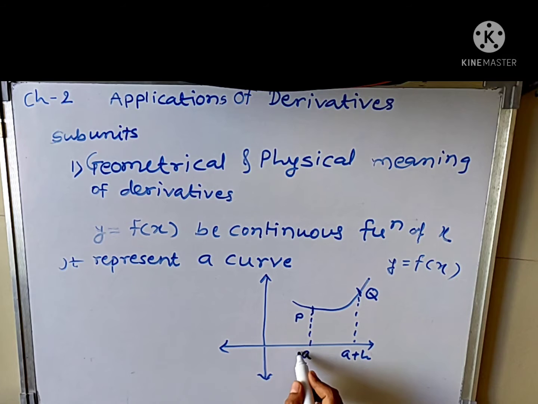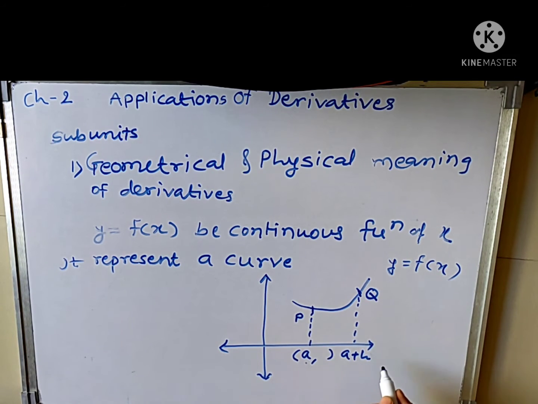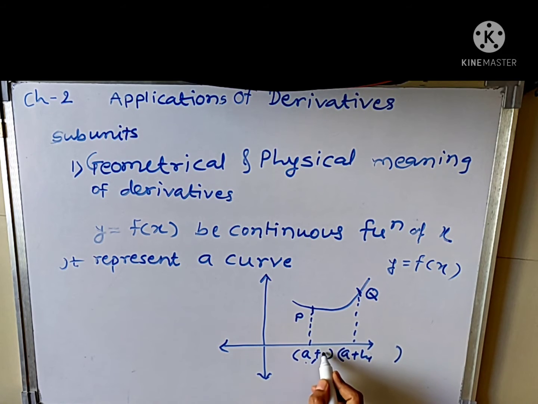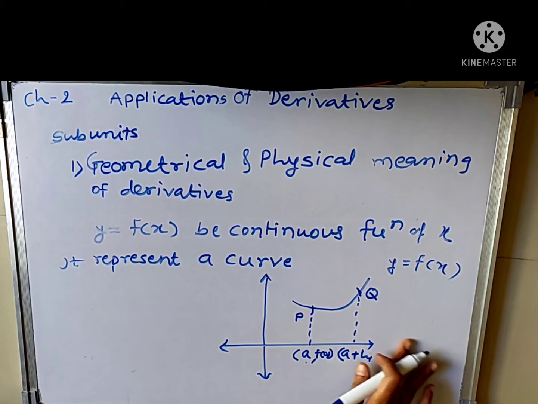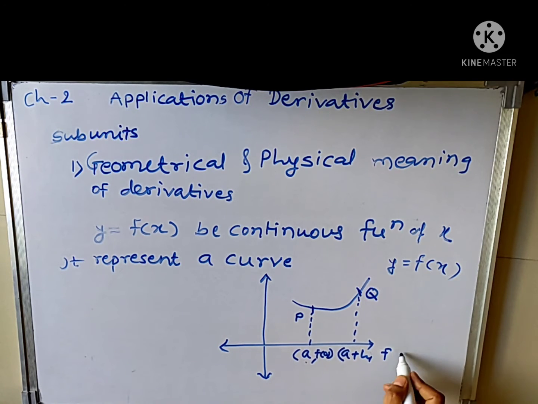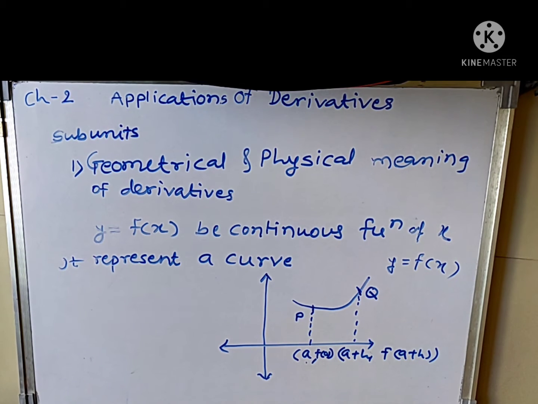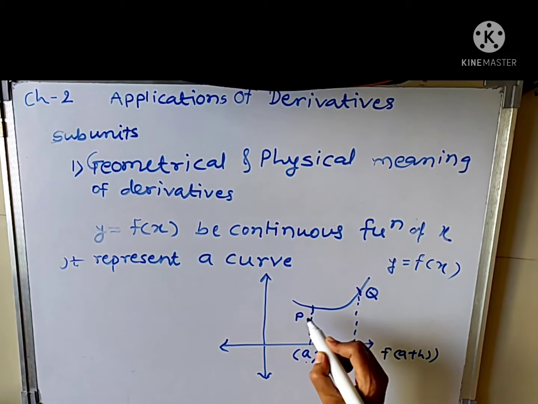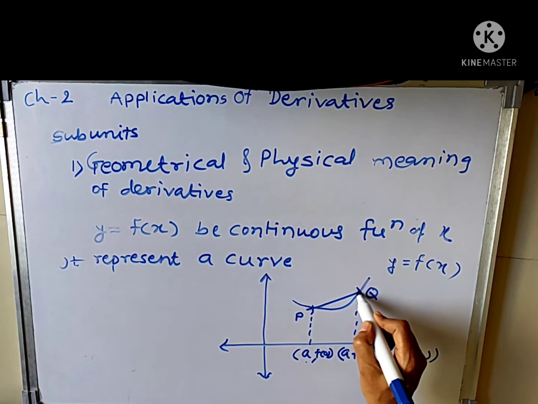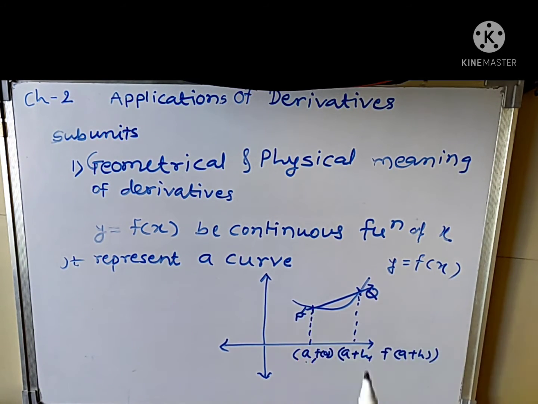Then what are the y coordinates of P and Q? The y coordinate of P is f of a and the y coordinate of Q is f of a plus h. Now join these two points P and Q. Then you will get a chord PQ.